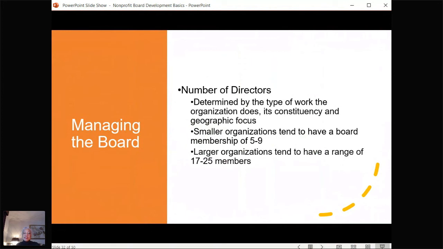Smaller organizations tend to have a board membership of anywhere from 5 to 9. Larger organizations, 17 to 25. Really, anything over 30 becomes unmanageable, right? But if you have a large international or a large national organization, you might not be able to get around that because you want to make sure that people from all over are represented.